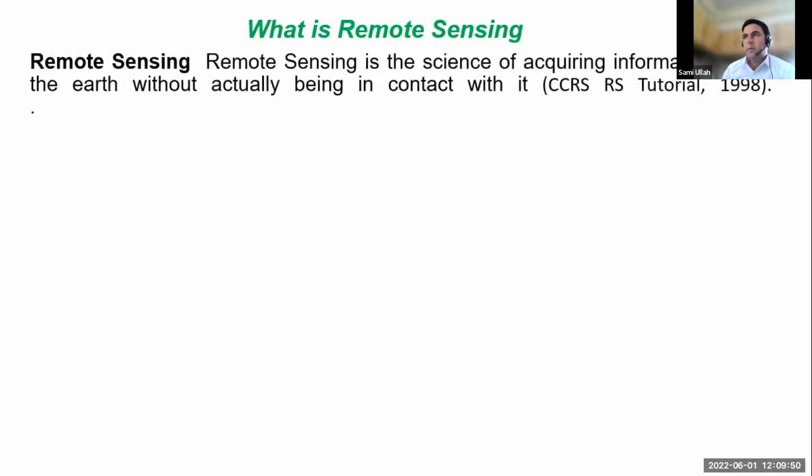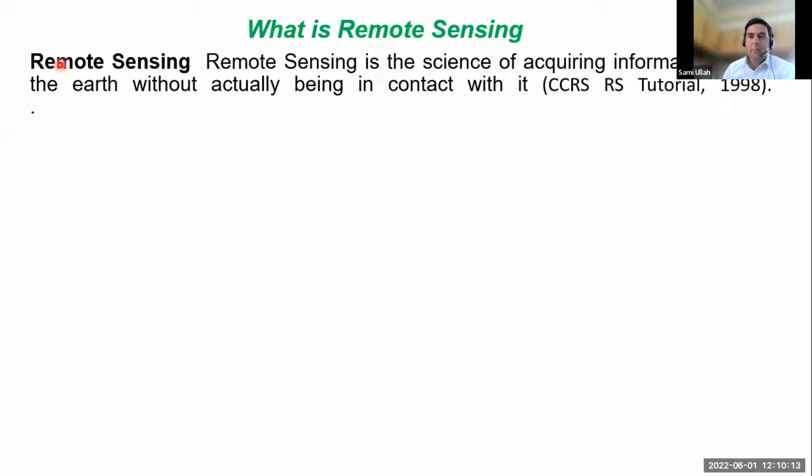On the first day, we will learn what remote sensing actually is. If you think about the words remote and sensing, there are two things involved: first is remote and the second is sensing.